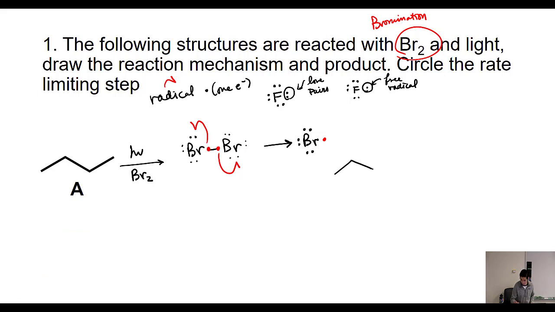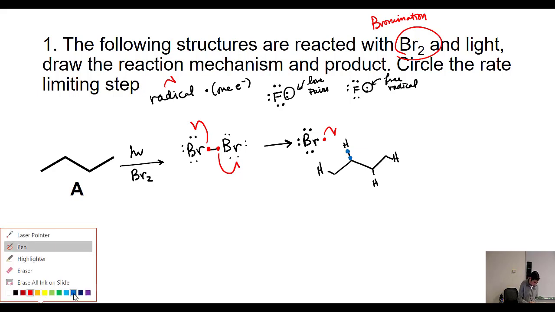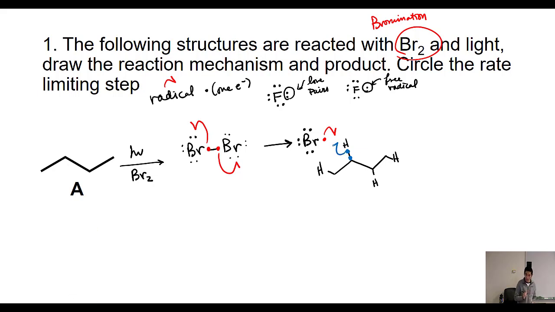And now I'm going to bring in my other structure. This thing has multiple hydrogens, right? I have hydrogens everywhere. And what the bromine is going to do is abstract a hydrogen. In the hydrogen, I also have bonds, and each of these covalent bonds also has 2 electrons. Bromine is going to donate its electron to a bond, and so is hydrogen.